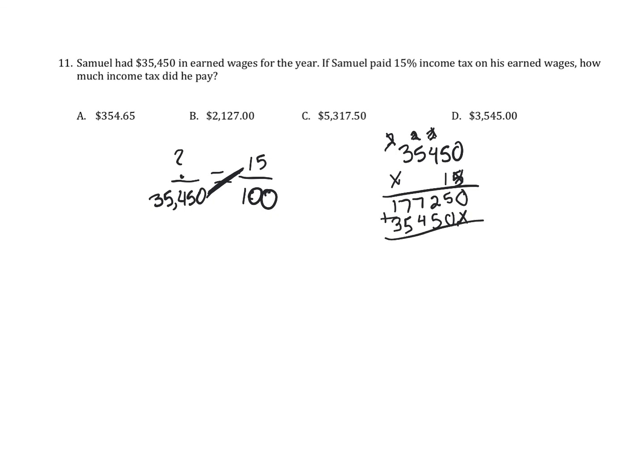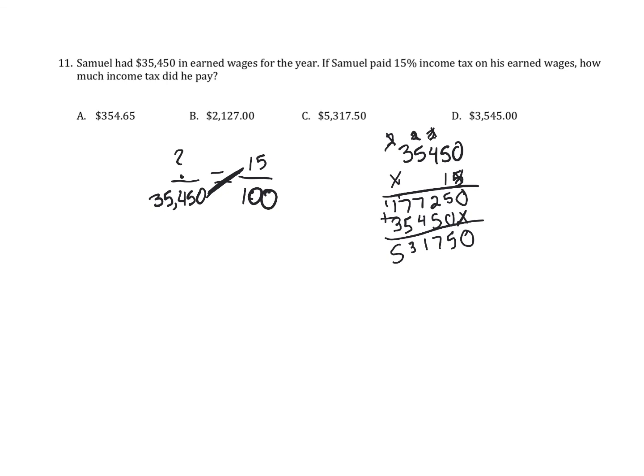Now we need to add it all up. We have 0, 5. 2 plus 5 is 7. 7 plus 4 is 11. Carry the 1. 7 plus 1 is 8. 8 plus 5 is 13. Put the 3, carry the 1. 1 plus 1 is 2. 2 plus 3 is 5.